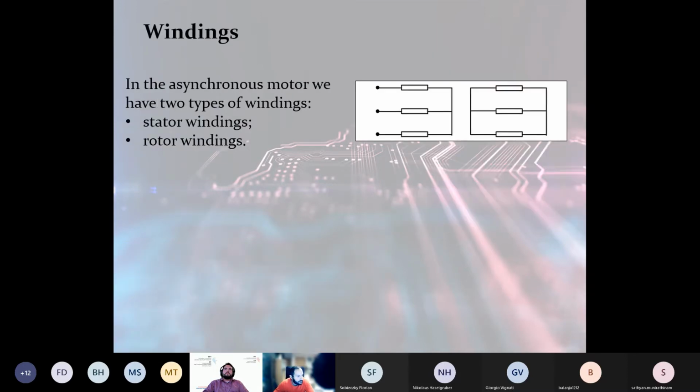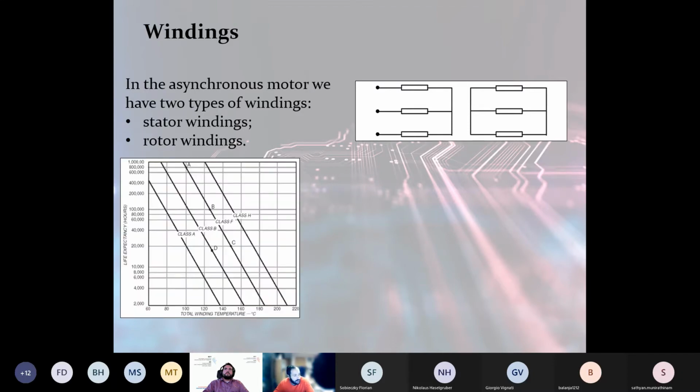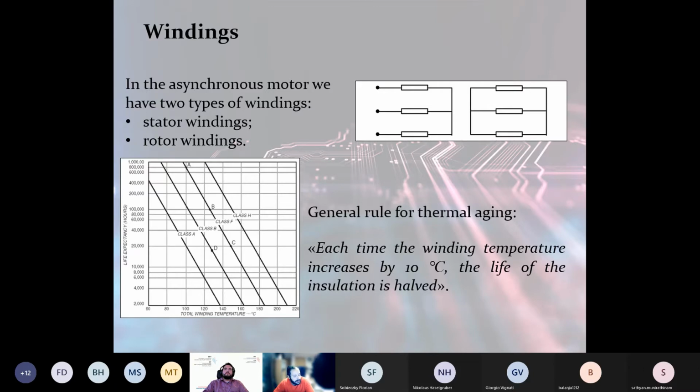So specifically, in the asynchronous motor, we have two types of windings, stator and rotor. And you can see that thermal aging creates an increase. Basically, what has been seen is that an increase of 10 degrees halves the life of the windings.